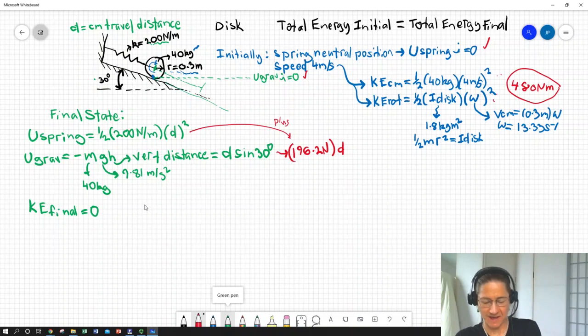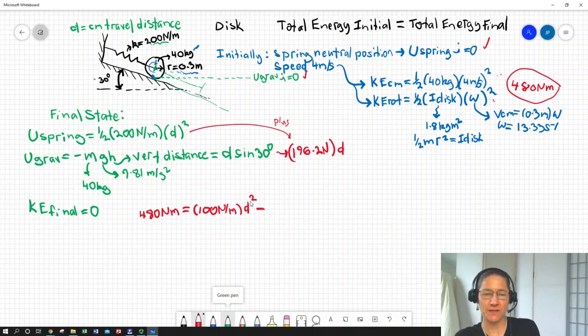So another way of saying that mathematically, 480 Newton meters is going to equal, I'll simplify that a little bit, 1/2 of 200 newtons per meter d squared, which is the same as just 100 newtons per meter d squared, minus, because we are subtracting gravitational potential energy, we're losing it.